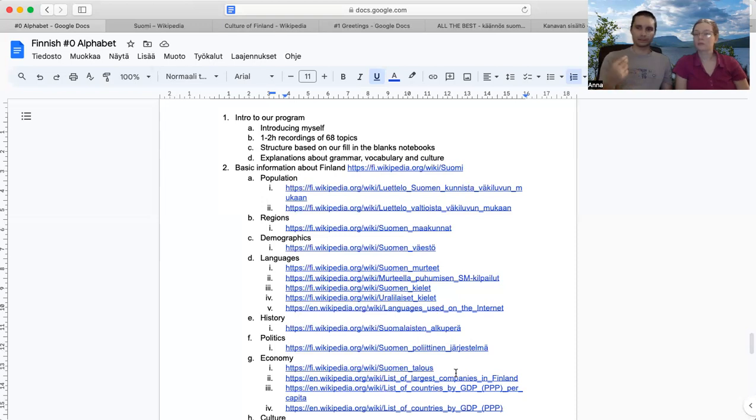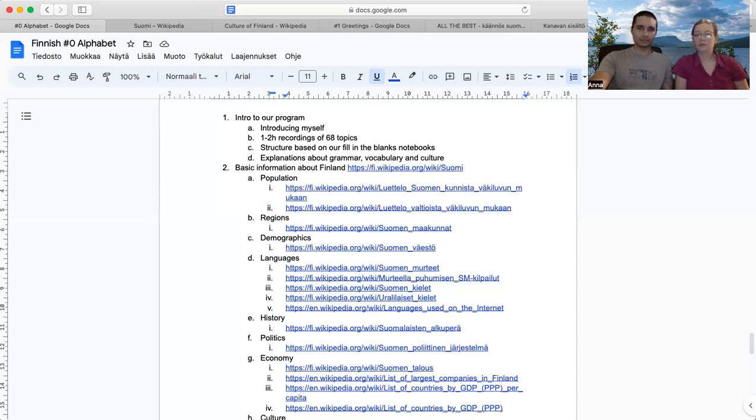So to summarize, Finland was part of Sweden from the Swedish Crusades, so from the year 1000 to 1200. Around 600 years it's been under Sweden, from the 1200s until 1809.